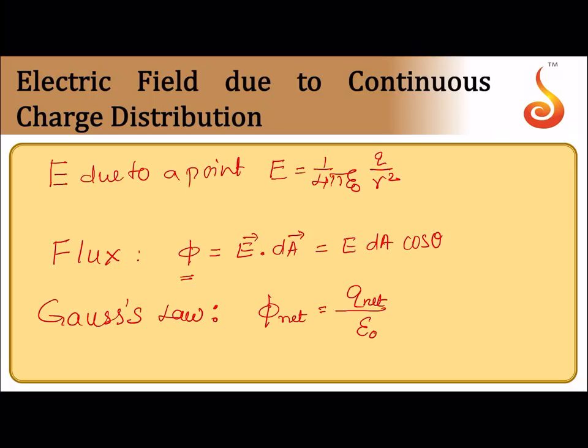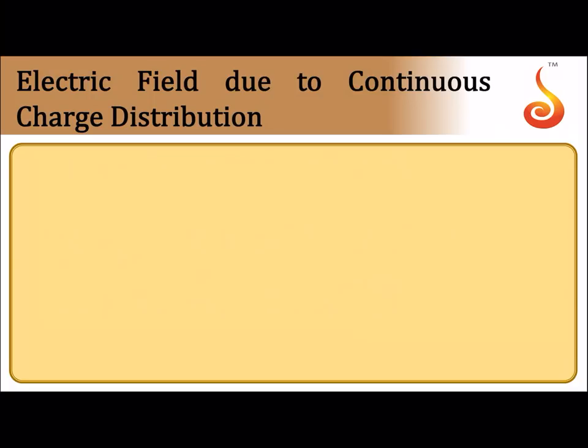Now, if we consider the electric field calculations due to point charges, they are very simple. However, try to imagine a situation in which you have, say, a line of charge. For example, you have a conducting wire on which charges are sprayed.